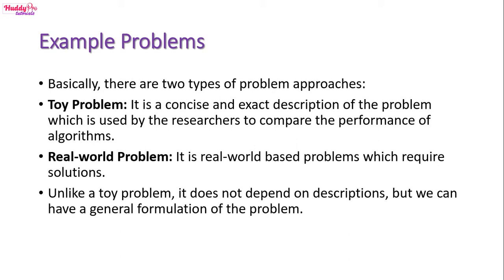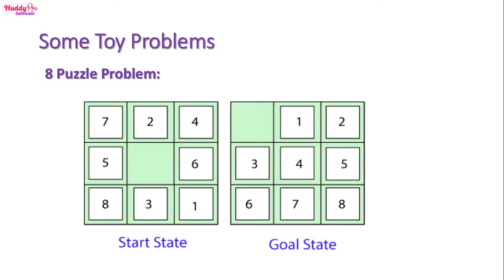In the real world problems, we require real world solutions that are applicable in our day-to-day lives. So unlike a toy problem, the real world problem doesn't depend on descriptions, but we can have a general formulation of the problem. We are going to look at two examples of toy problems.